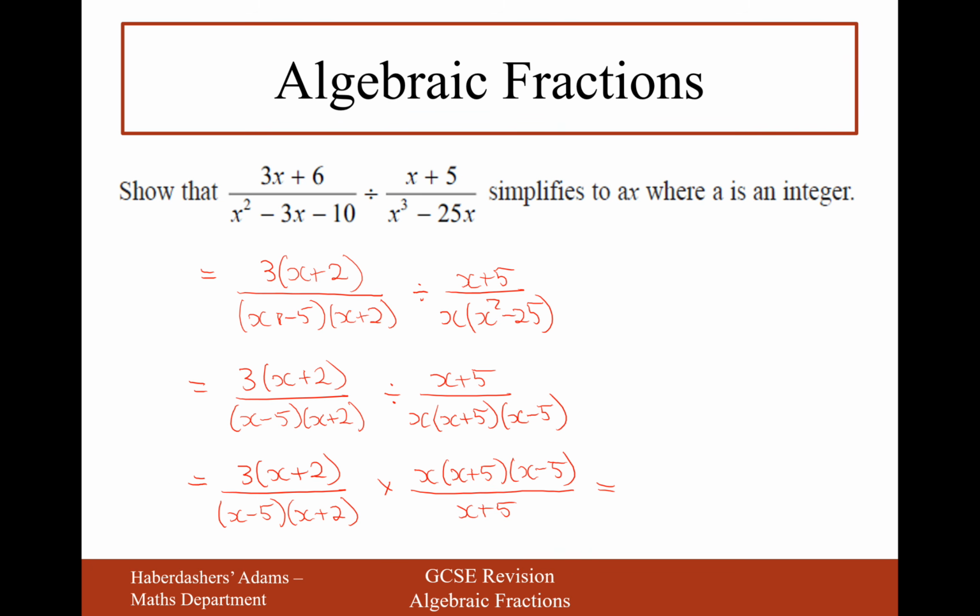Okay, so now that we're timesing and multiplying, we can now cancel out. So the x plus 2's can cancel out, the x plus 5's can cancel out, the x minus 5's can cancel out diagonally, so we're just left with 3x over 1, which is just 3x. There we are. So save your cancelling for after you've timesed and flipped the second fraction, okay? There we are. Let's move on to the next one.